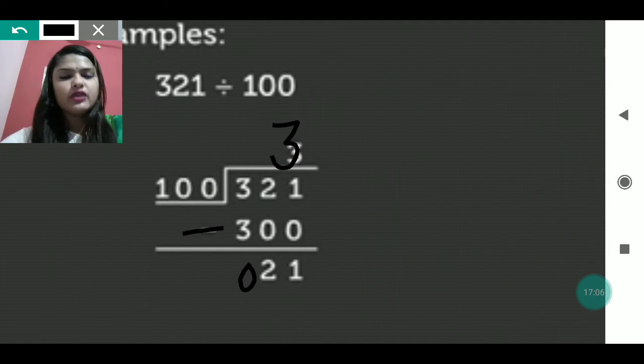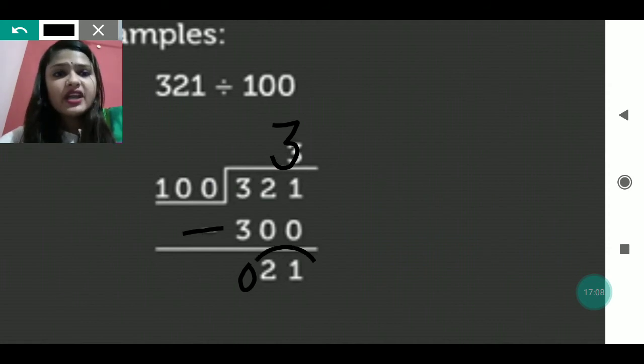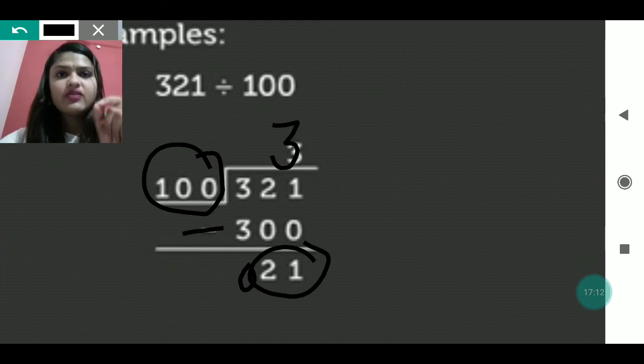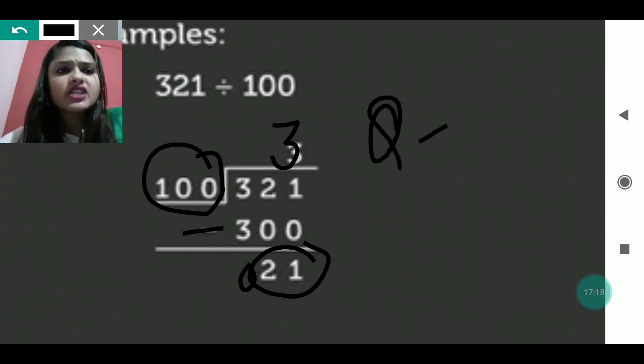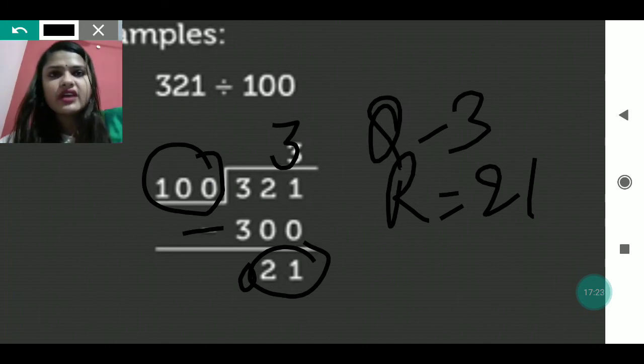It is not possible to divide because 21 is lesser than 100, and if the remainder we get is lesser than the divisor, then that will be considered the remainder. So the quotient is 3, whereas the remainder is 21. Okay, this question we have completed.